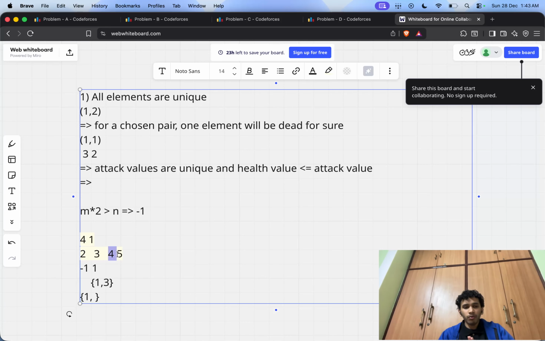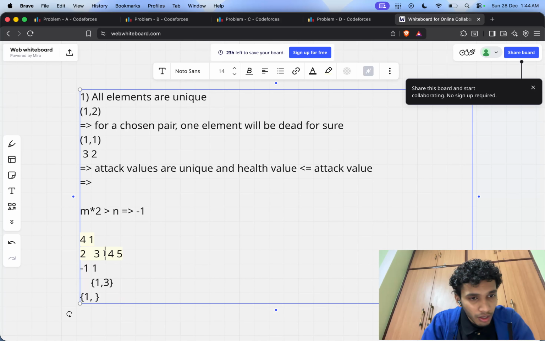Now, let's say we tell this 4 to fight with this 3. This 3 has health value smaller than 4 for sure, because initially all the elements are unique, and this value should always be smaller than the attack value.